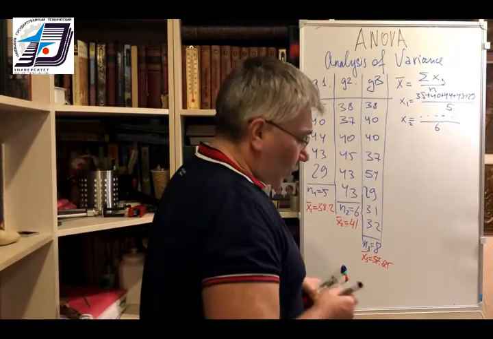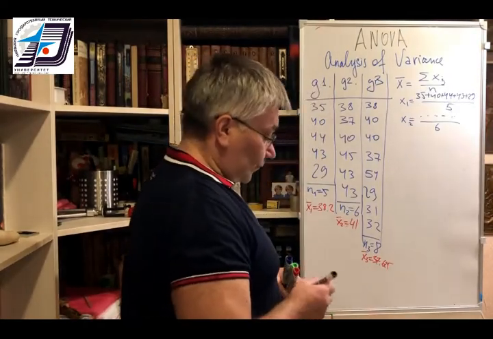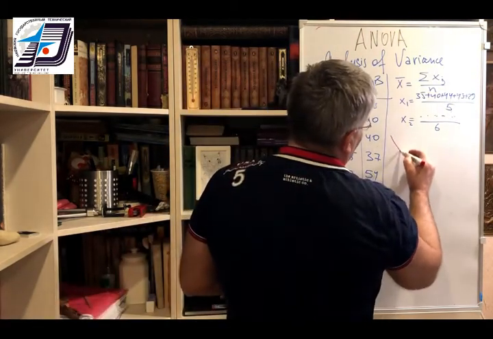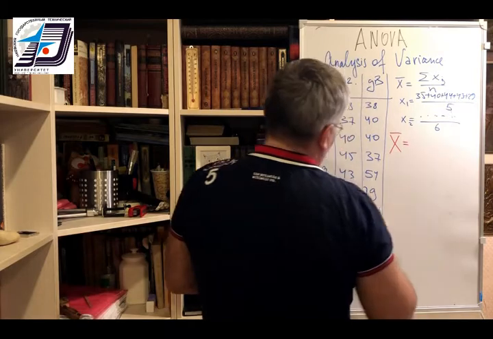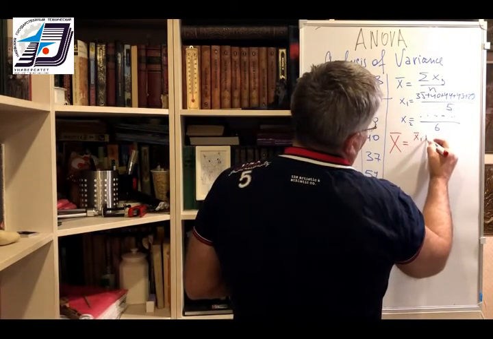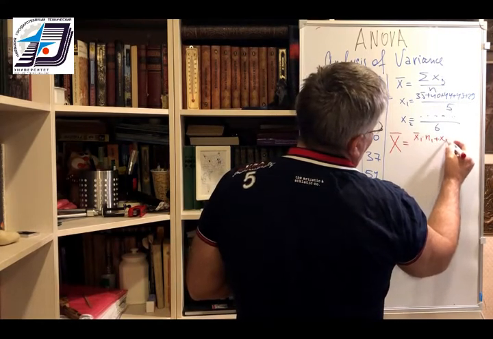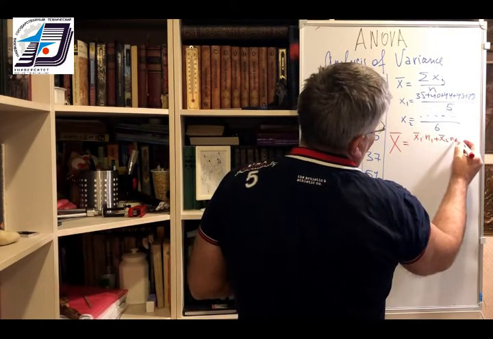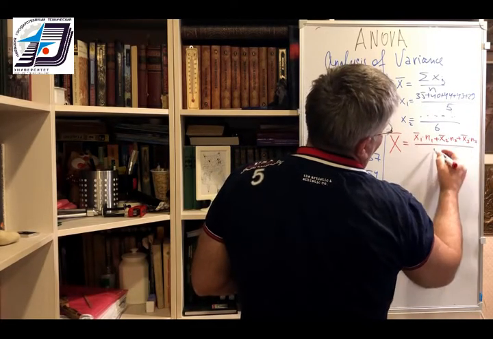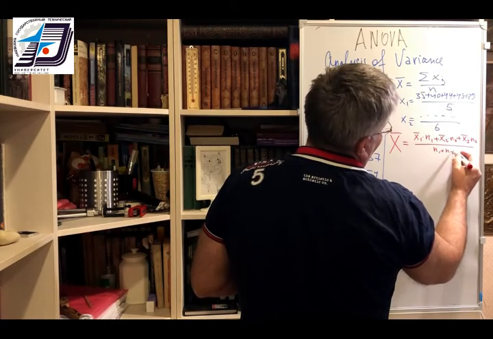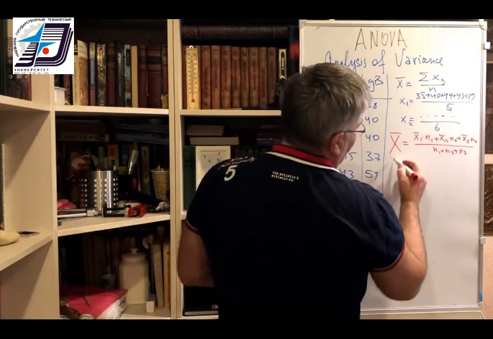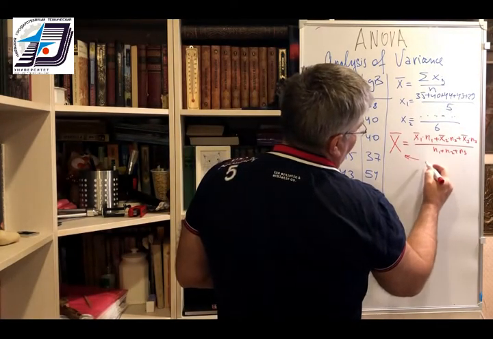And the very first thing here, we have to calculate the grand mean. Grand mean, I denote it as capital X. It's equal to x1 times n1 plus x2 times n2 plus x3 times n3, divided by n1 plus n2 plus n3.